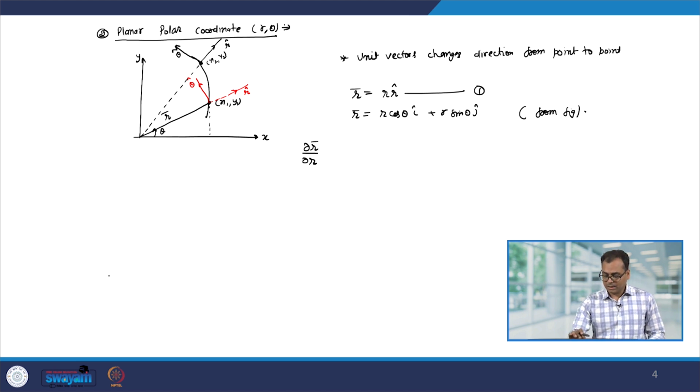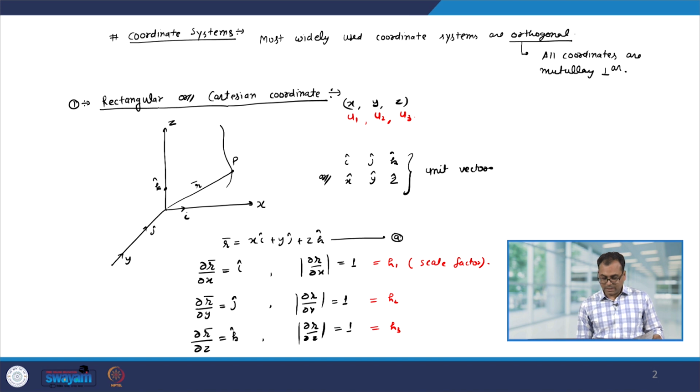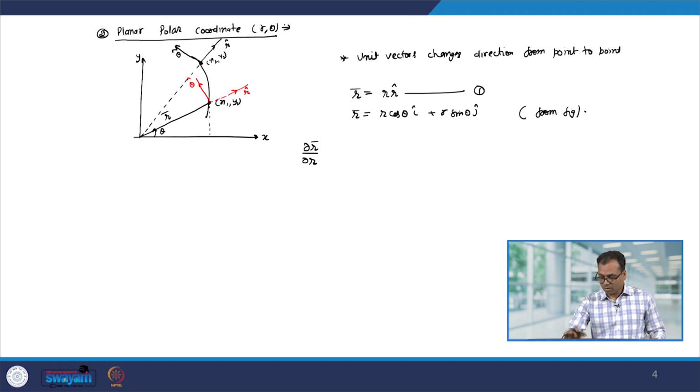Now, let me again calculate what is del r over del r. Earlier, note that we calculated del r over del x, where x was the coordinate axis. So, here the coordinates are r and theta. So, let us calculate del r over del r, and we expect it to be a unit vector along r. So, it is cos theta i plus sin theta j, and it should be a unit vector.